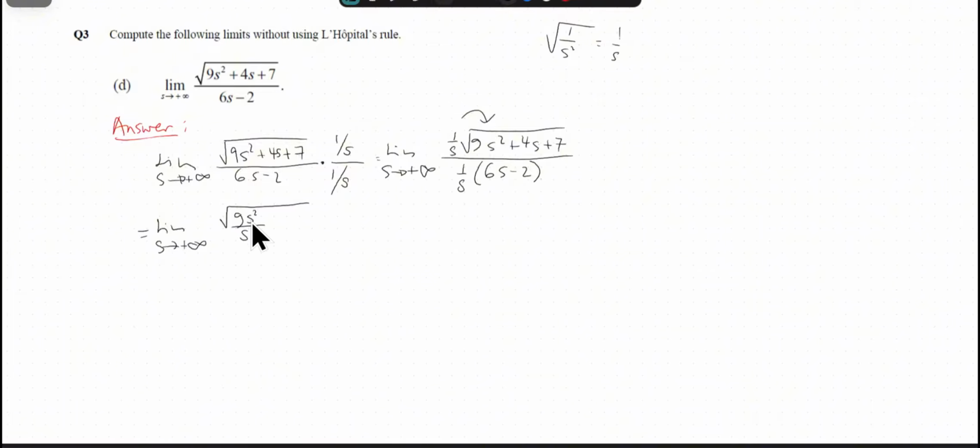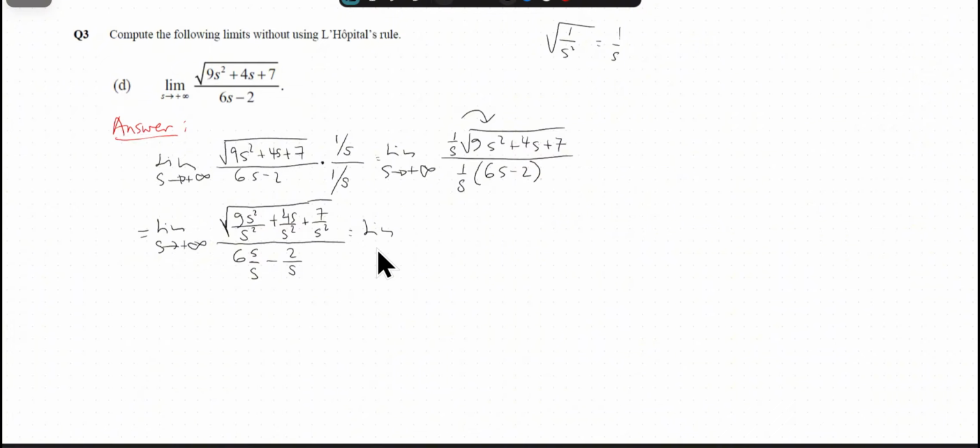So we get the square root of 9s squared over s squared, plus 4s over s squared, plus 7 over s squared, all under the square root sign, divided by 6s over s minus 2 over s.